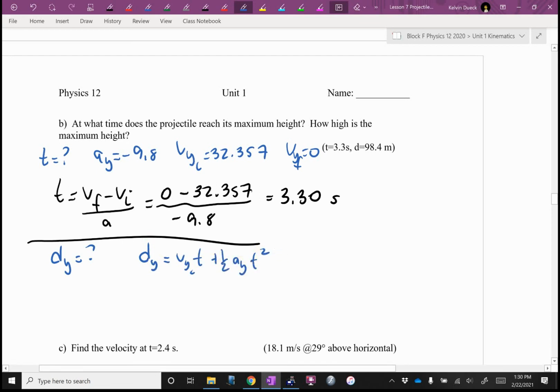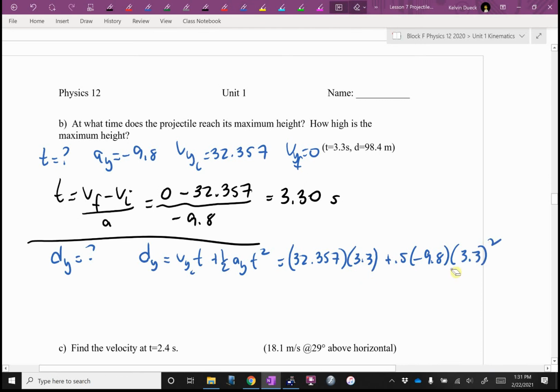Yeah, totally. In fact, I think I can plug and chug here. It's going to be 32.357 times my answer from part A. And we're at the stage now where I'm going to use an answer from part A. Like, live with it. It's quicker. Plus a half, negative 9.8, 3.3 squared.